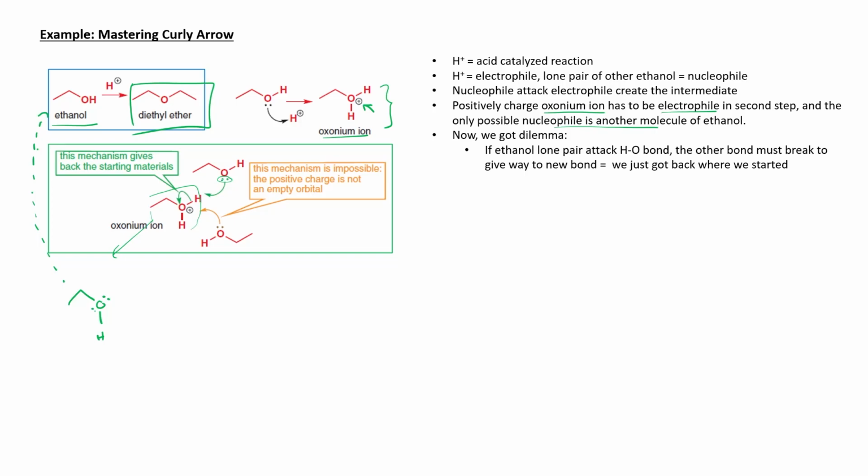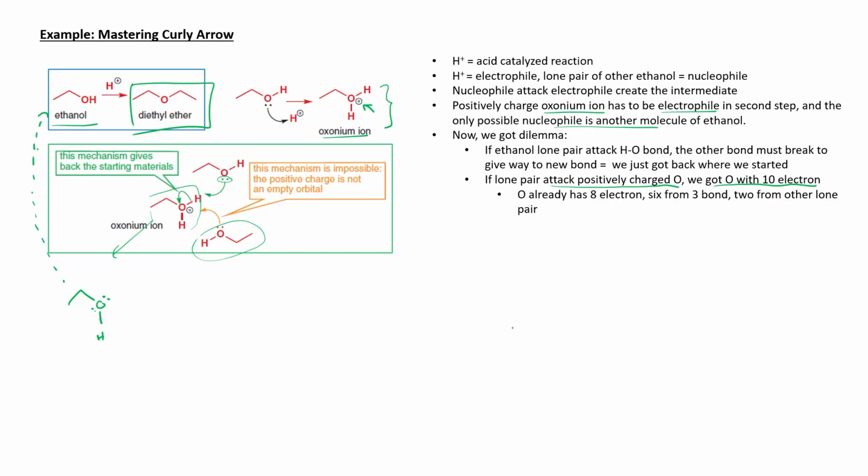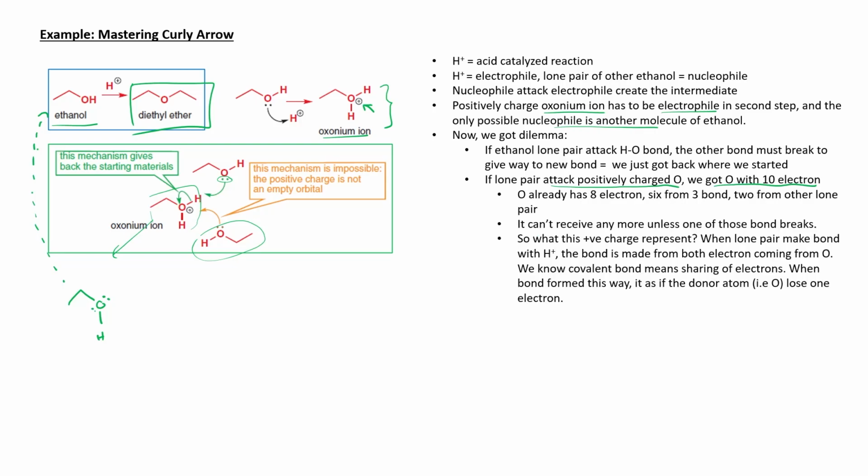If you try to attack this bond, or let's say the other ethanol tries to attack this positively charged oxygen, there is also a problem, because it's not an empty orbital like we explained before. If a lone pair attacks the positive charge oxygen, we get oxygen with 10 electrons.